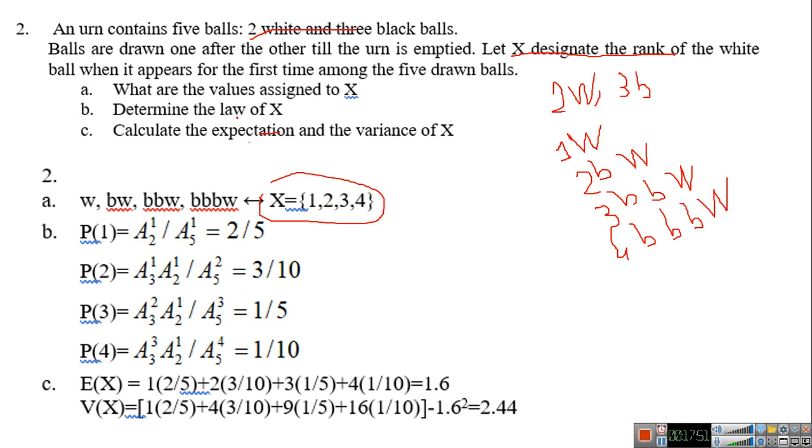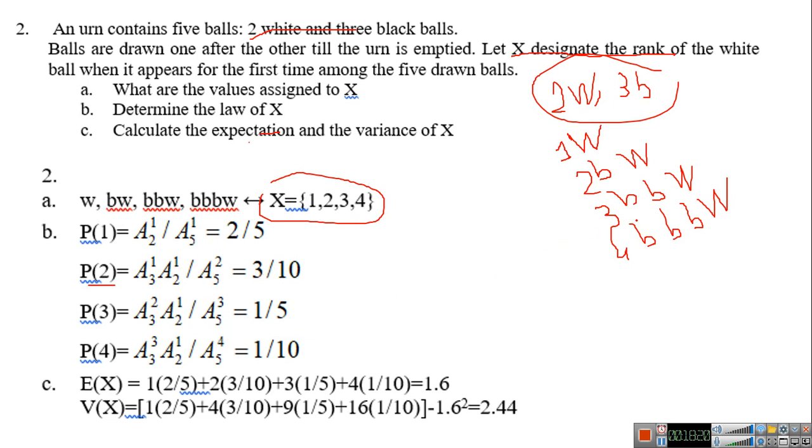So the first question: determine the law of X, the probability of X. So P of 1 means getting a white first. Since I have 2 white and 3 black, the order is important, so it's 2 over 5. To get P of 2, the white in the second position, I need to get a black first, so 3 out of 5, then a white, 2 out of 4.